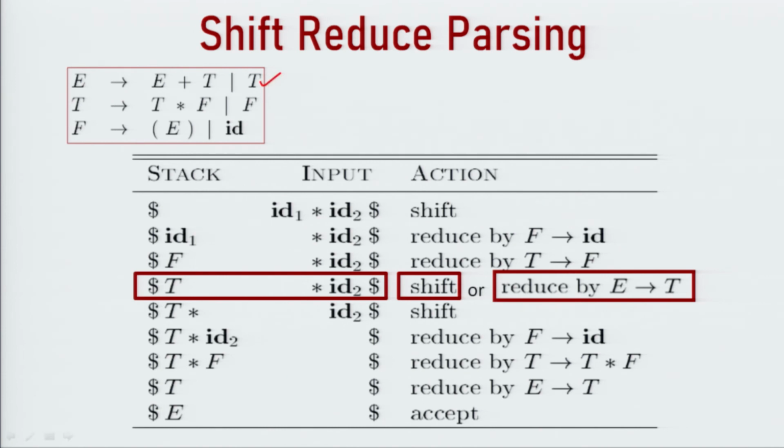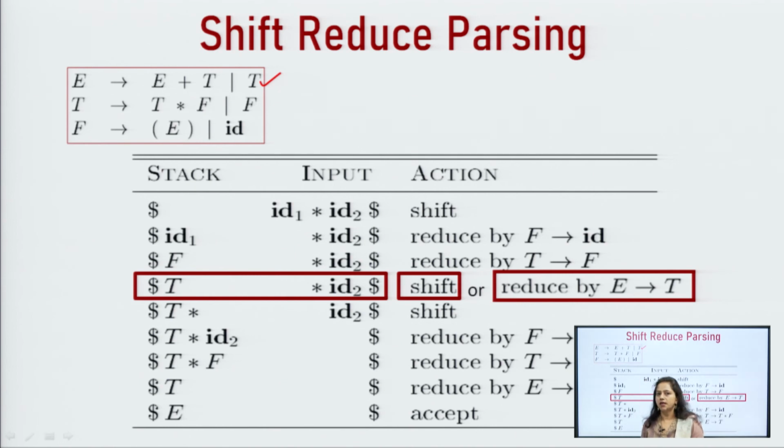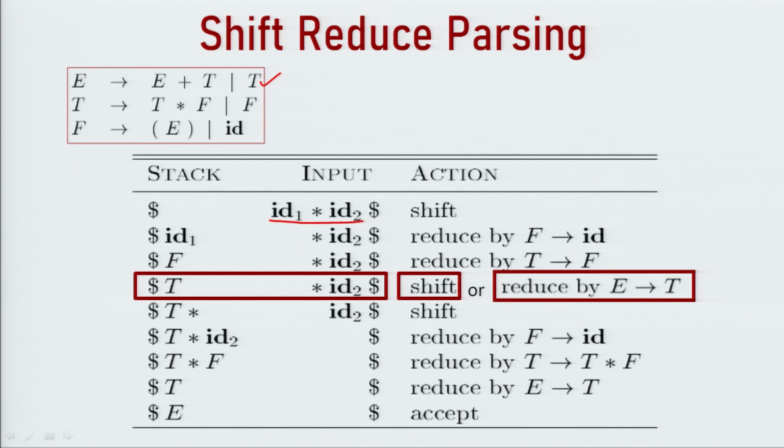This is the given grammar: E to E plus T or T, T to T multiplication F or F, then F to parenthesized E and ID. Then we did the parsing for the input string ID1 multiplication ID2, and for doing the parsing using the bottom up approach in this scheme, shift reduce parsing, we performed shift or reduce operations.